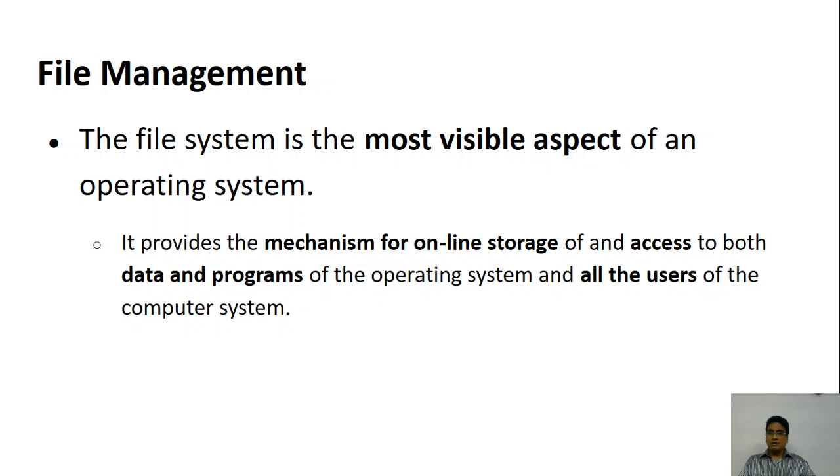So what does this file system do? The file system provides a mechanism in which we can store the data or our program into the secondary storage device and then access it whenever we want.